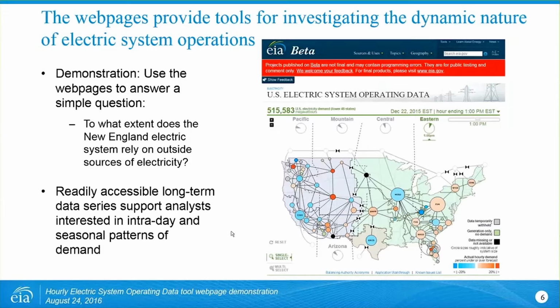So the data related to demand forecasts from these balancing authorities is not something that's coming from EIA. These are demand forecasts that are being reported by the balancing authorities themselves, and they actually produce quite a few demand forecasts to do their job.